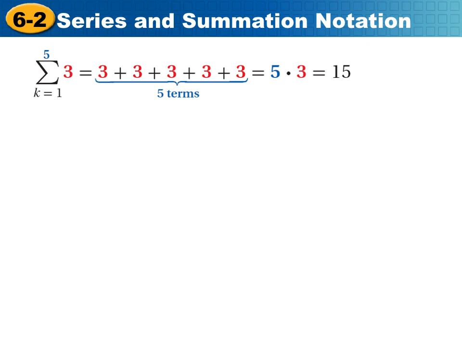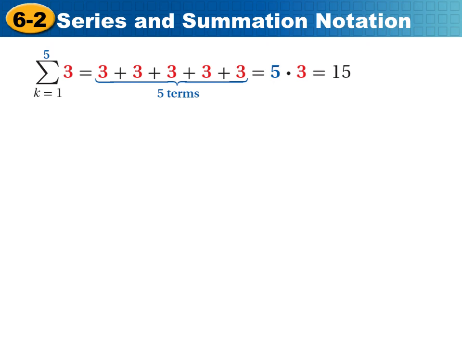So for 1 for k, we have 3. 2 for k, we have 3. 3 for k, we have 3. 4 for k, we have 3. 5 for k, we have 3. So we have 5 3's here. So we can write this as 3 multiplied by the number of terms in the sequence. How many numbers do we have in the sequence? Here we have 5 numbers. So 5 times 3, 15.